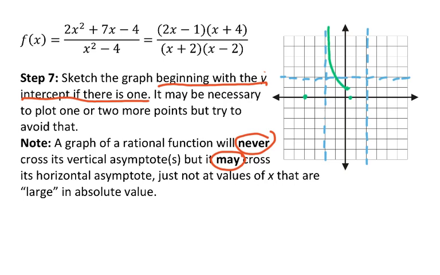We know we're going to pass through the x-axis and the y-axis, the x-intercept and the y-intercept. And as we move closer to the next vertical asymptote at 2, we can see that the graph must be going down. Now, what about the graph when we're looking to the left of the vertical asymptote at -2 or to the right of the vertical asymptote at +2?